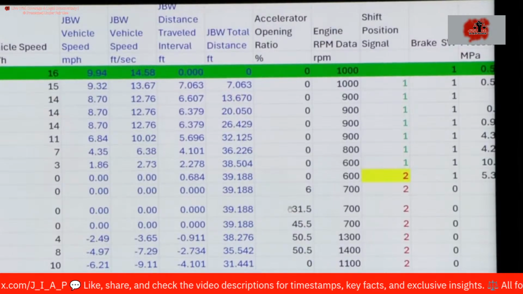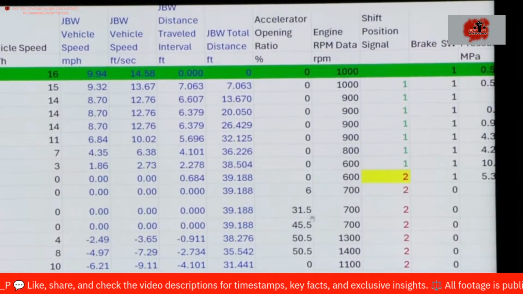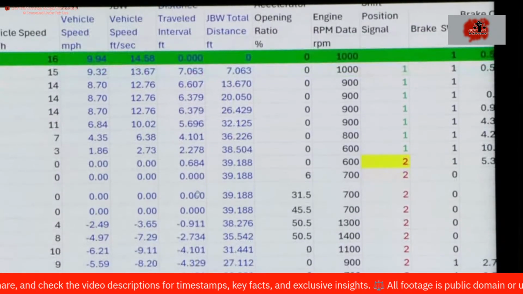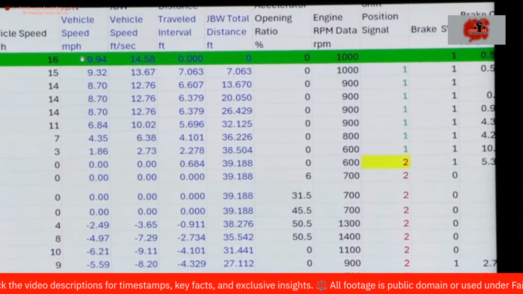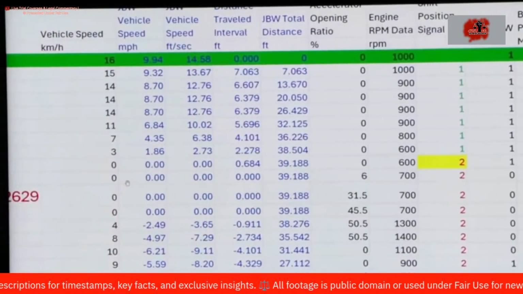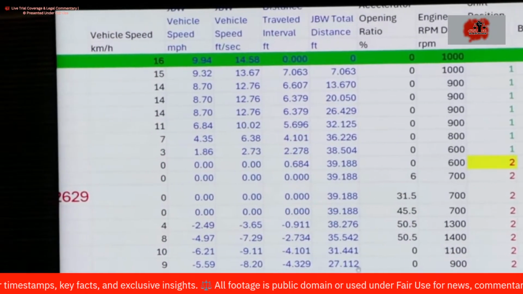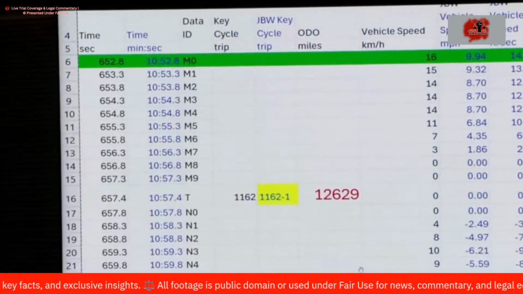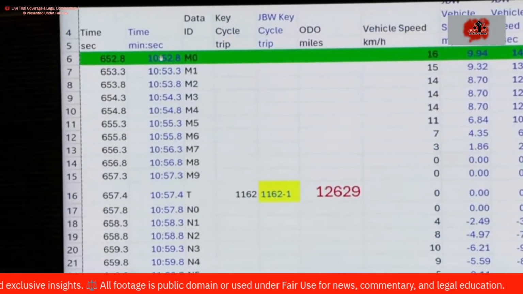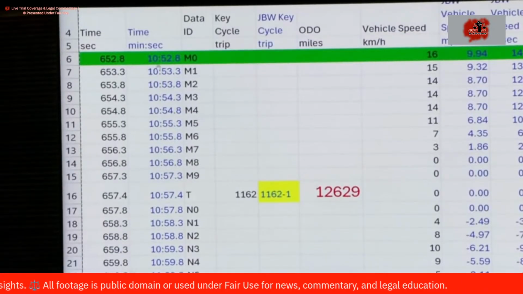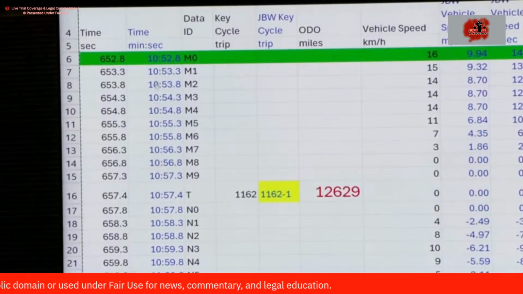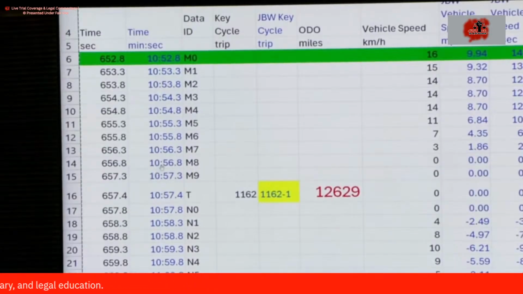If you could explain to us the total distance and distance travel columns, how do you read that? Sure. So we know the speed at various times. We know from this data that you can see half a second between each one of these timestamps. So 1, 2, 3, 4, 5, 6, 7, 8, 9, 10 data points at half a second. That's the 5 seconds of pre-crash data.